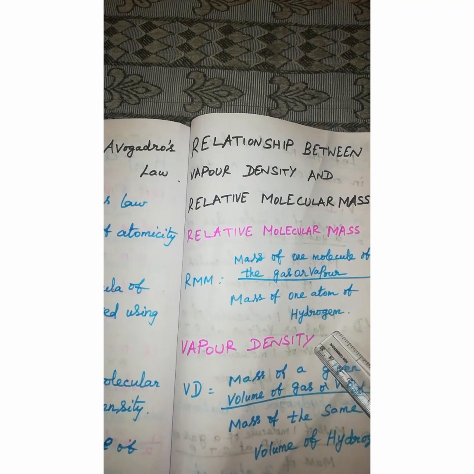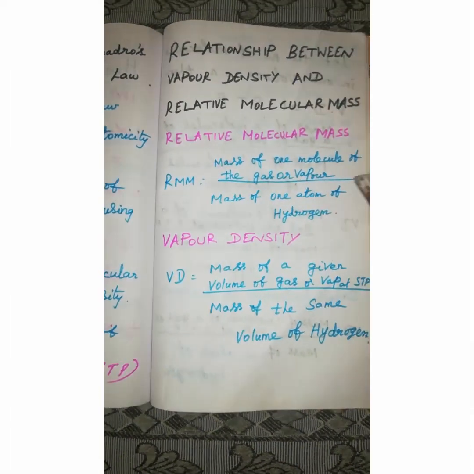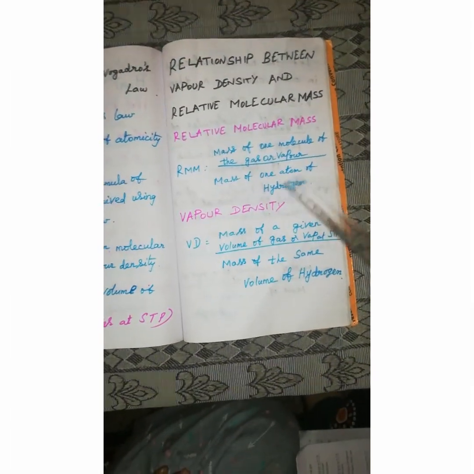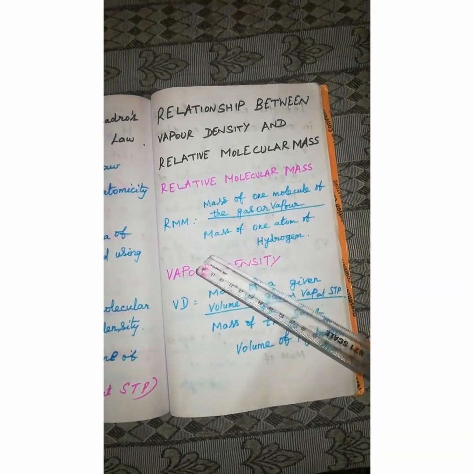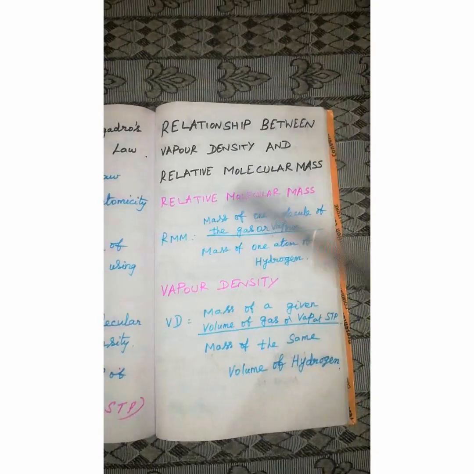How do we write the formula? Relative molecular mass, that is RMM, equals mass of one molecule of gas or vapor divided by mass of one atom of hydrogen. First we have to know the formula, then we can write the definition easily from the formula.